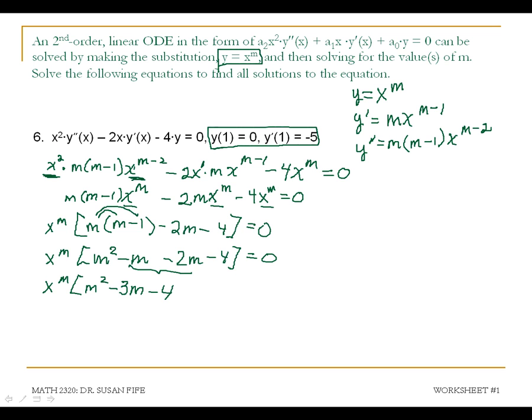If possible, we want to solve by factoring. M squared minus 3m minus 4 can be factored into m minus 4 times m plus 1.